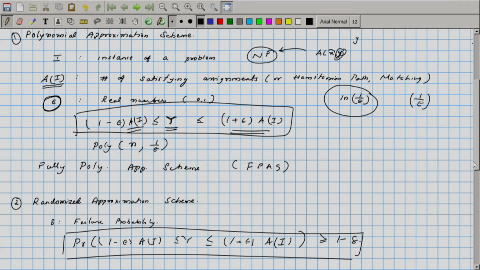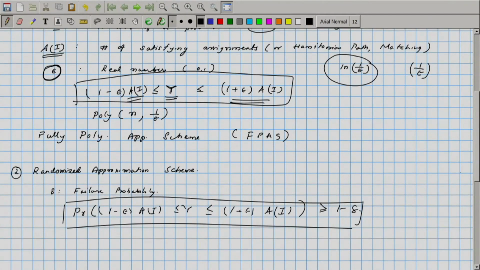And if we could do this for every delta, delta again being a real number between 0 and 1, the input size is log 1 by delta. So, we will insist that the algorithm runs in polynomial time, polynomial in n, polynomial in, let us say, 1 by epsilon, and log 1 by delta.